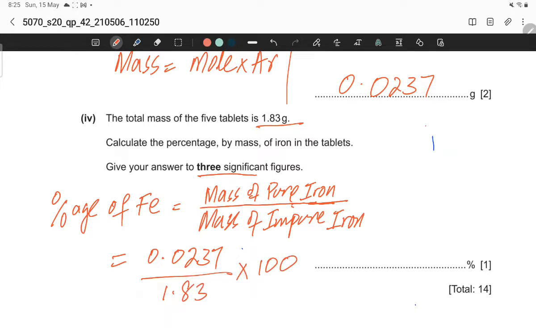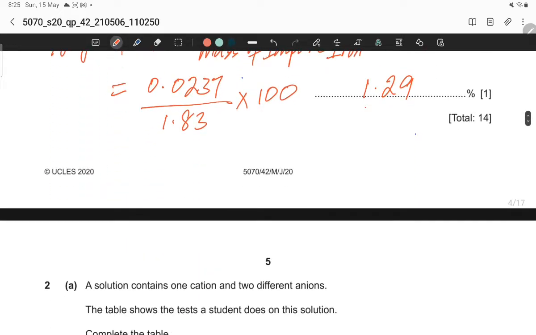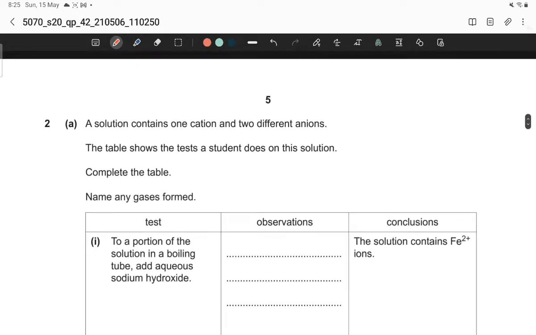The answer will be 1.29%. So these are the 3 significant figures. So this is all about this question. Hope you understand.